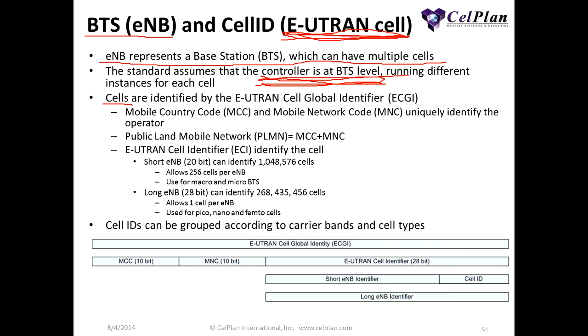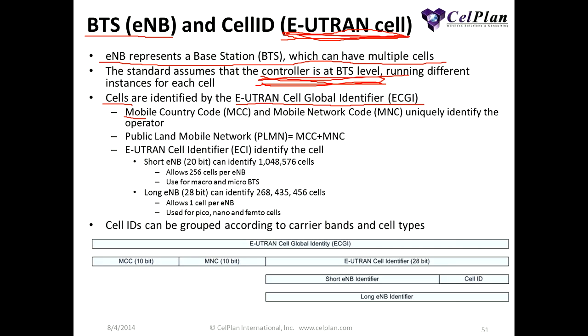Some people call cells sectors, but for us, in a multi-technology environment, sectors have a much broader application than just a cell, because a sector can have multi-technology cells in it, and basically for us, a sector is just an orientation. So we have cells here, and cells have a cell global identifier, an identifier that is used by the whole world.